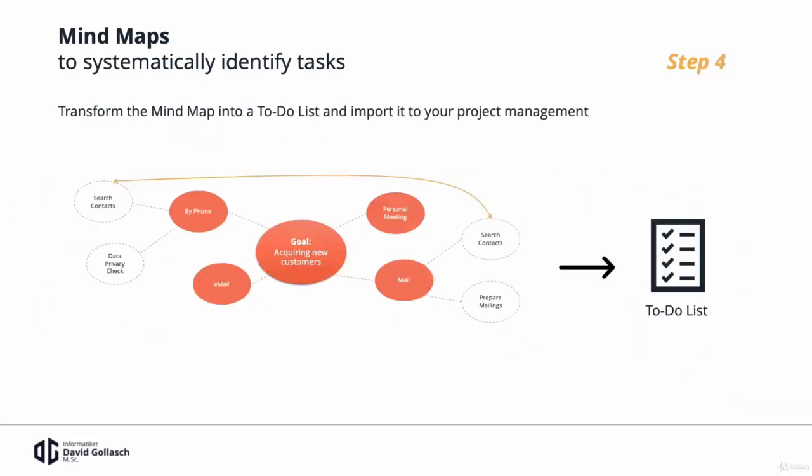So step 4 is now to transform your mind map back to a to-do list. You already created a to-do list during the brainstorming phase, but now you create a structured to-do list out of your mind map. You can create bundles of tasks. You can identify linked tasks that should be done in conjunction or directly afterwards.